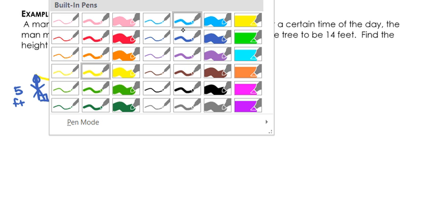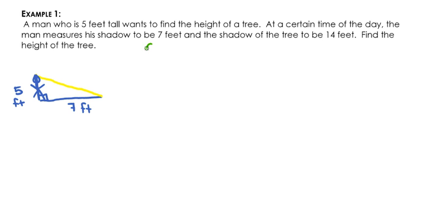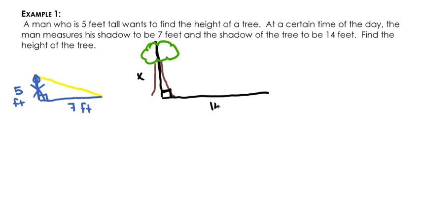And now I've got a tree. My tree is going to be a little bit taller than the man. All right, it's a sad looking tree, but you get the picture. This tree, we're trying to find its height, so I'm going to call that length x. Its shadow is on the ground and is 14 feet.